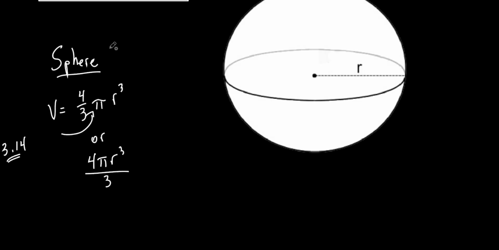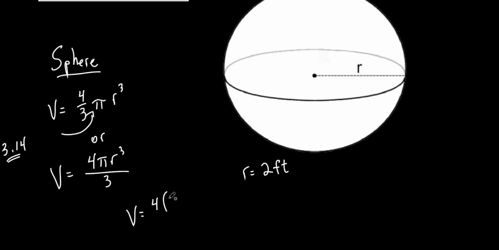Does that make sense? So what are they going to give you? All they're going to give you is one thing, and they're going to give you the radius. Let's make it as easy as we can. Let's say the radius is 2 feet. We'll go feet this time instead of inches, okay? So what if it was 2 feet? Then how would I find the volume of this sphere? Well, let's plug them in. Volume equals what? 4 times what?